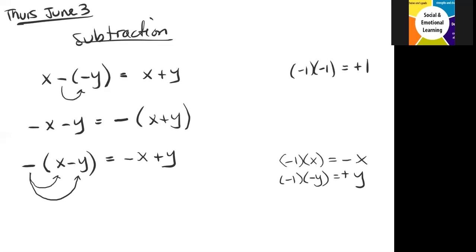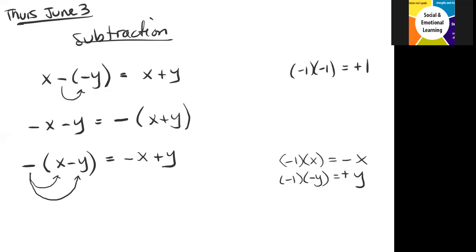And we're distributing that -1 to every term inside the bracket when we want to expand the brackets. Does anybody have any questions about this? Okay, so we'll see lots of examples of this today.